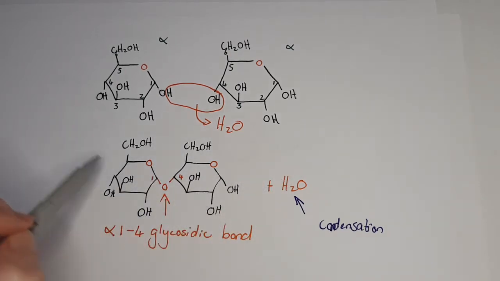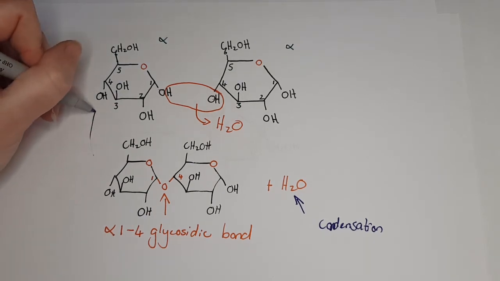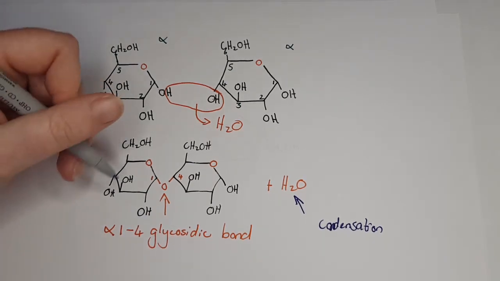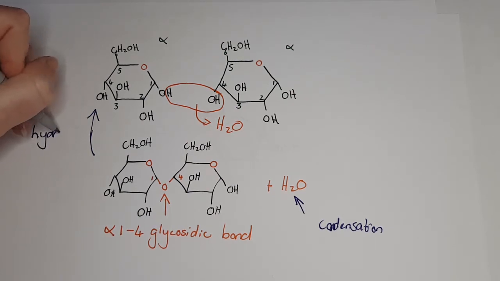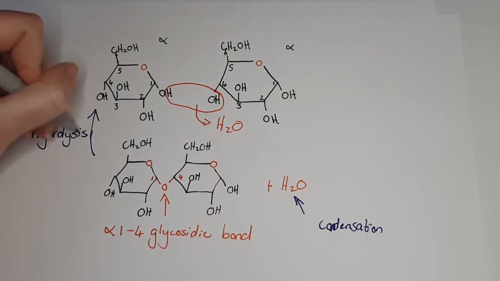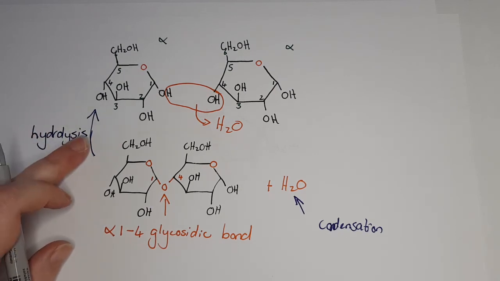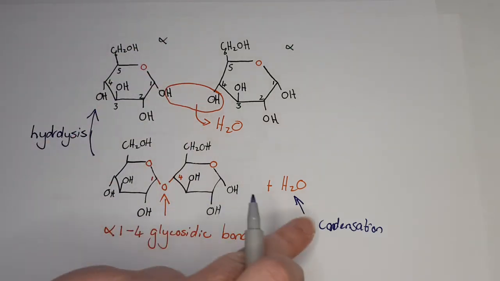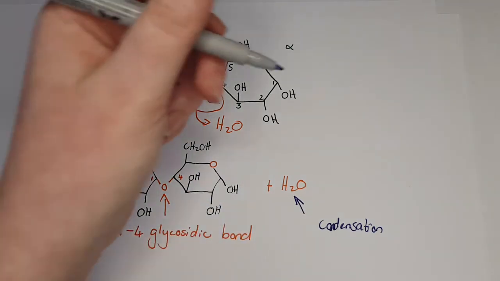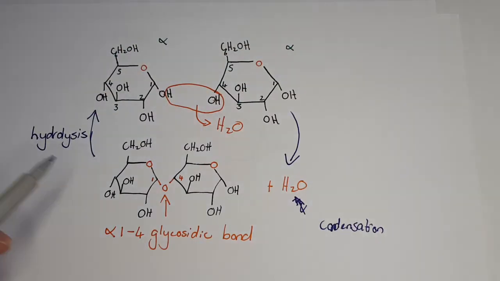If I want to go backwards and split this molecule up by adding the water and breaking it and going back to the original, I call that hydrolysis. Hydro means water, lysis means split. So hydrolysis is to split them back, and to make them is condensation. So if I want to go that way, it's condensation. If I want to go that way, it's hydrolysis.